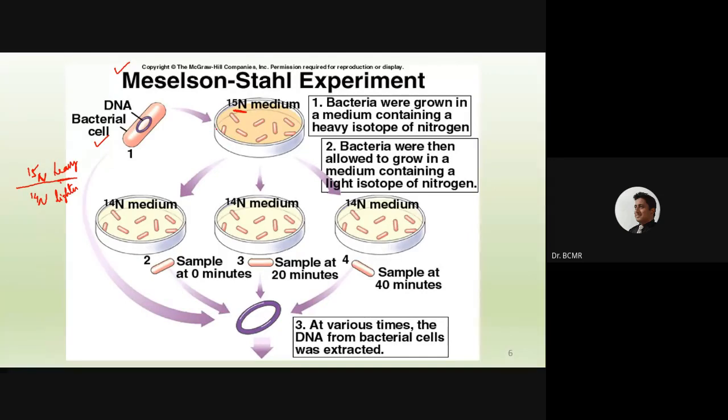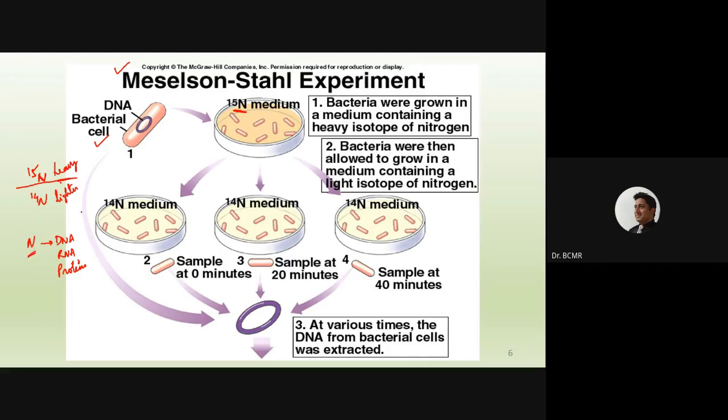It is like the Hershey-Chase experiment, where they used radiolabeled phosphorus or sulfur. Here they're using nitrogen. And they have chosen N because nitrogen would be present in DNA. It would be present in RNA. It would be present in proteins as well, and many other compounds actually.